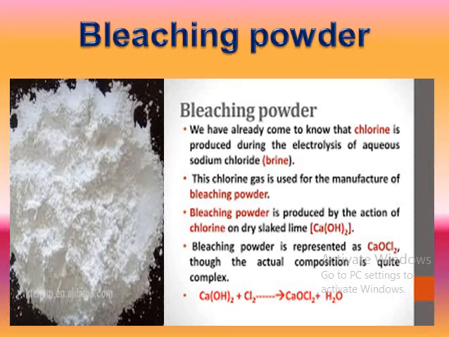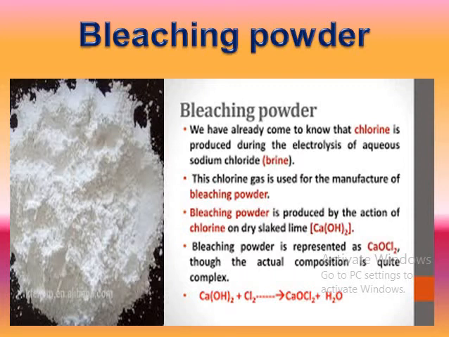Slaked lime's formula is calcium hydroxide, that is Ca(OH)2. In the slide also the reaction is given. Calcium hydroxide reacts with chlorine, and finally the product formed is bleaching powder, that is CaOCl2, and a water molecule is released.